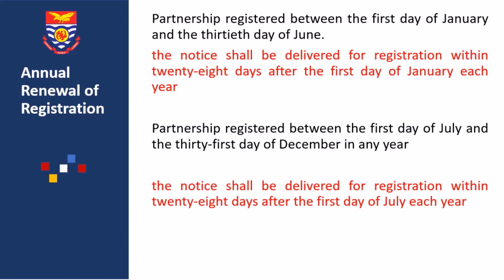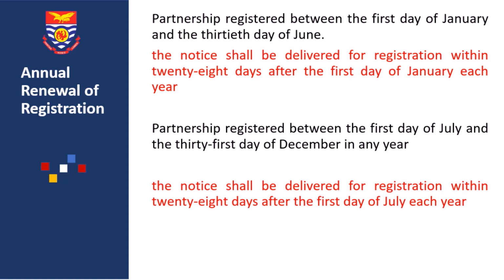Now, if you registered your partnership firm within the first day of July and 31st day of December in any year, then the date for your renewal will be the first day of July, within 28 days of the first day of July each year.